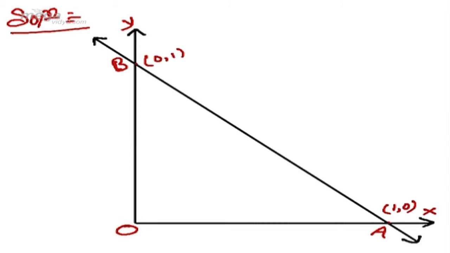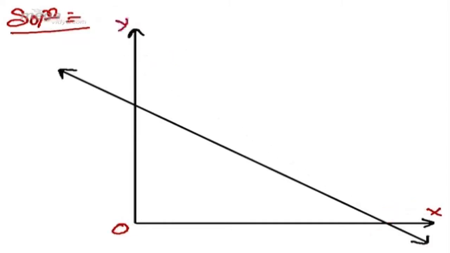According to the question, P is the midpoint of the line segment AB, so approximately this point is the midpoint.